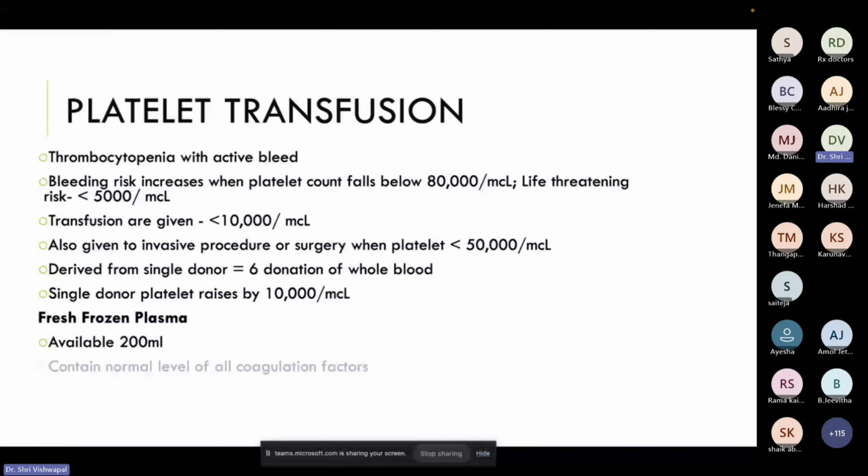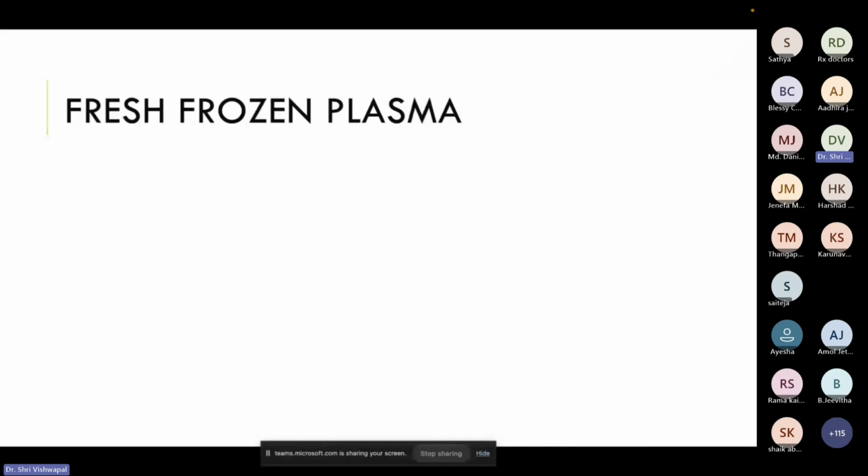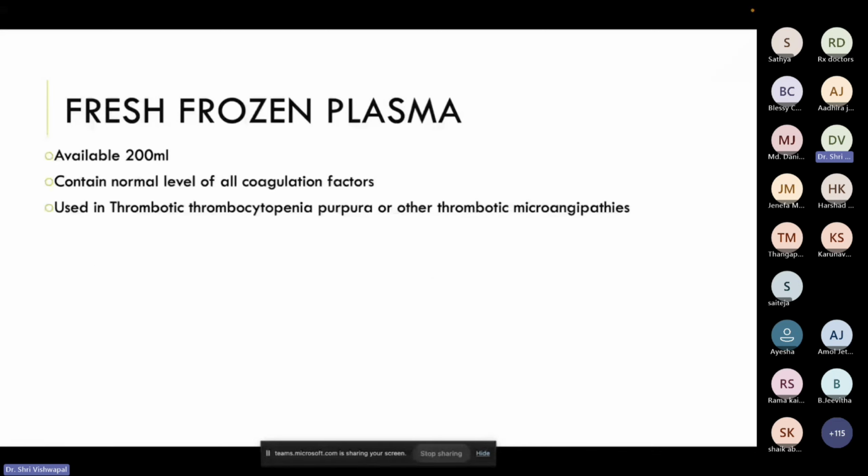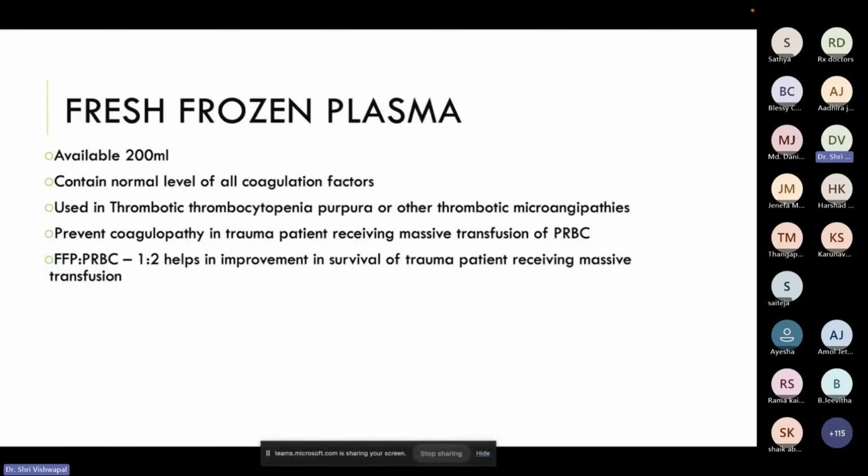And fresh frozen plasma. It is given as a substitute for coagulation factors. If it is to be given with PRBC in a patient having any kind of trauma, it should be given in a ratio of 1:2.